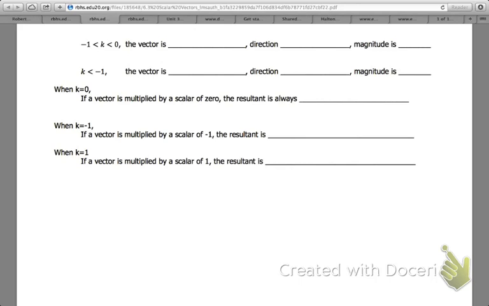Also, when k is between -1 and 0, so that means when k is a negative fraction, the vector is still shortened. However, the direction is opposite. And our magnitude is the absolute value of k times the magnitude of our vector.